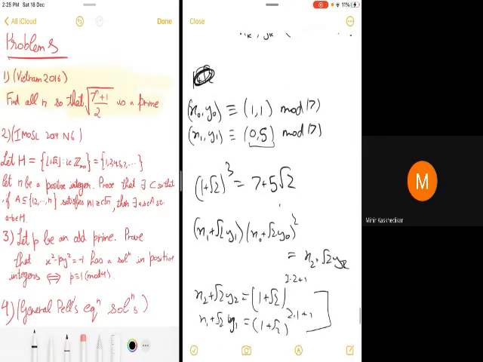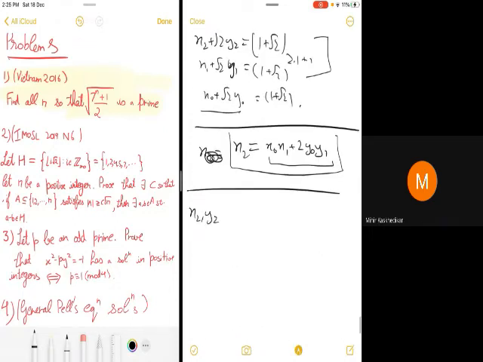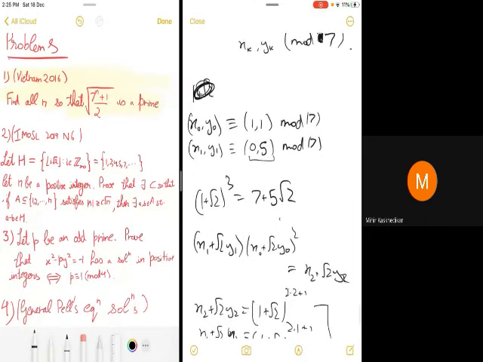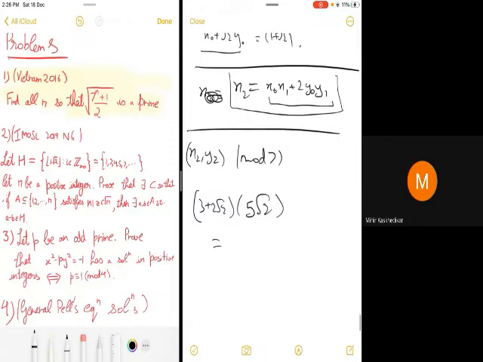So to figure out x2, y2 mod 7, we compute (1 plus root 2) squared times (0 plus 5 root 2), which is (3 plus 2 root 2) times 5 root 2, so this is 20 plus 15 root 2, and modulo 7 this thing is minus 1, and this thing is plus 1.